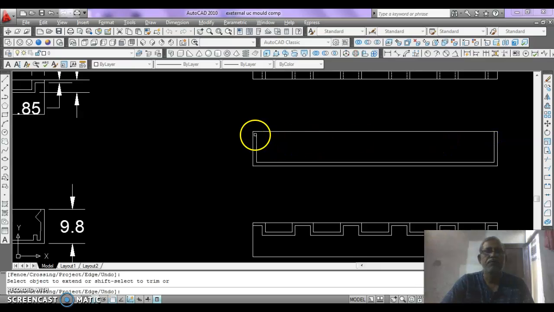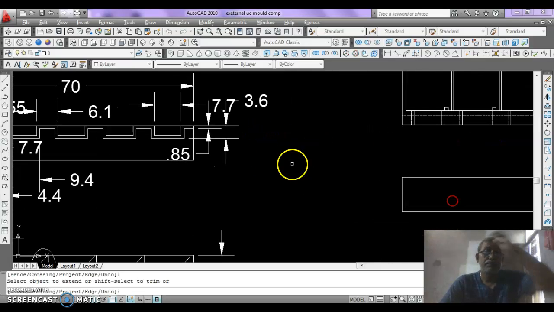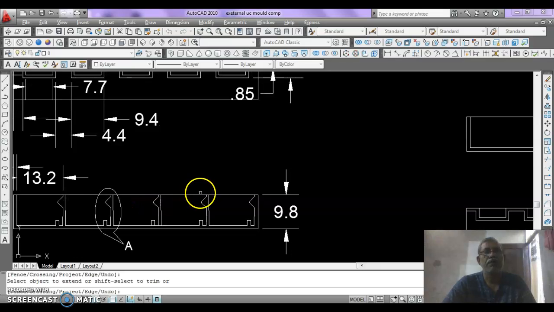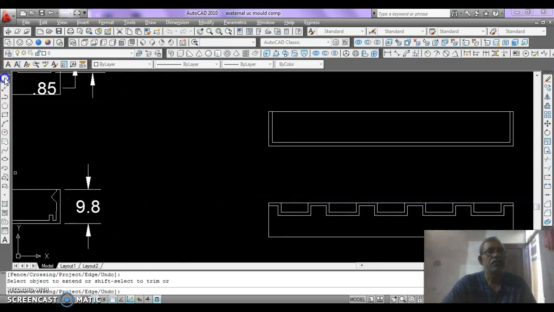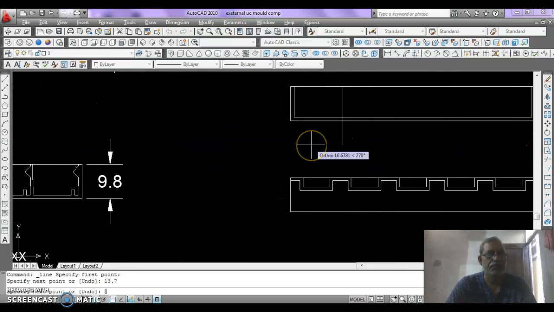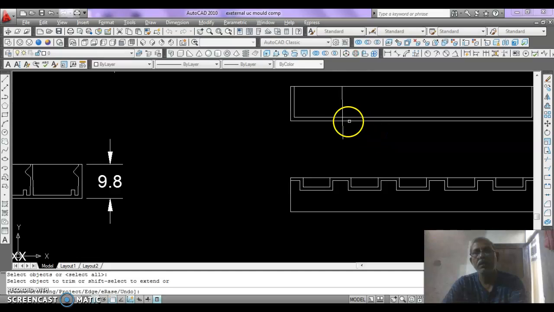Now we just check the distance 13.2 plus 0.5, so we just draw a line here by 13.7, then draw a line at the rate of 2 degrees, so at the rate of 15, angle 271, and then trim it here and erase this.